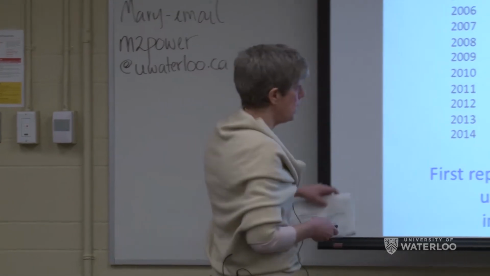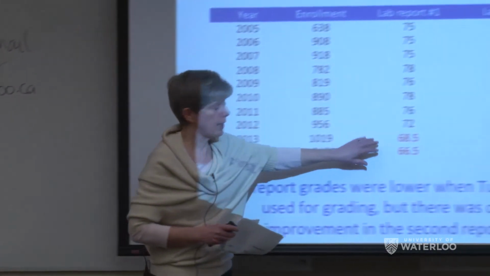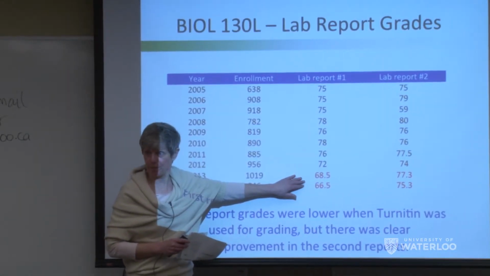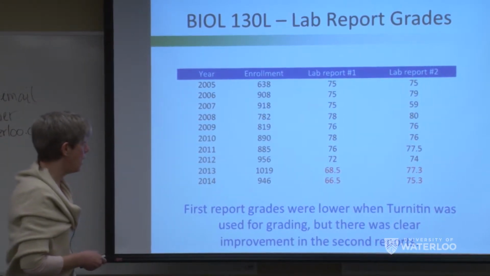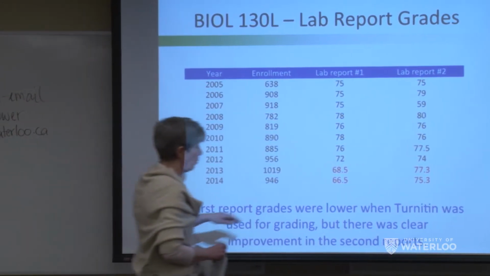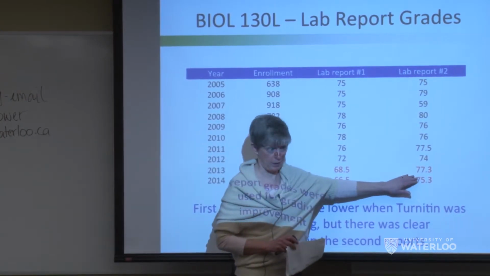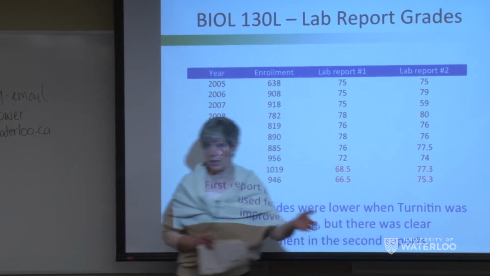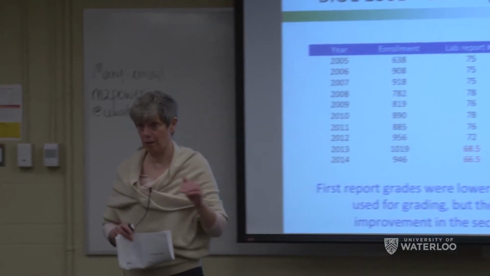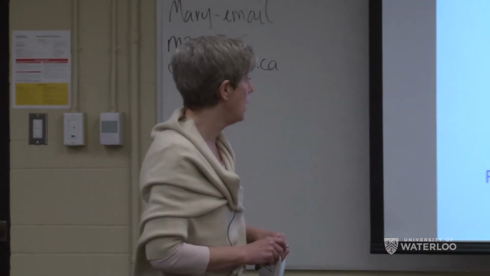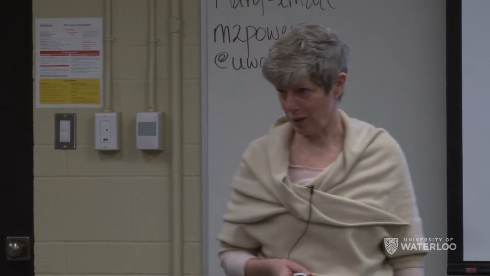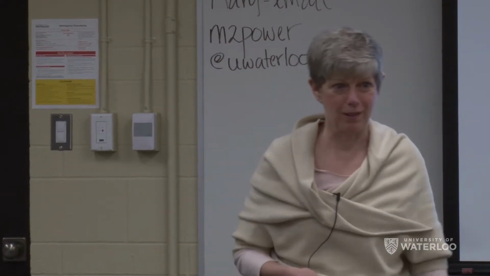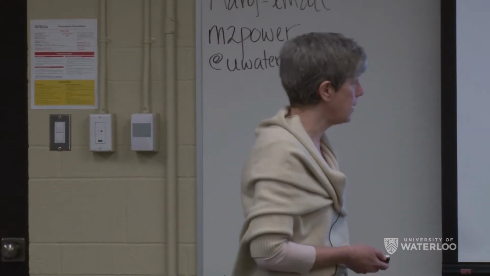But what you can see is the grades really dropped in the reports in the year we used Turnitin. What we're really delighted with is that the grades are going up in the second report. So we're seeing an improvement in the performance in the report, and maybe a little more accurate grading as far as what's being assessed.